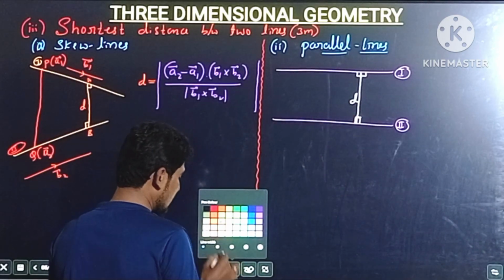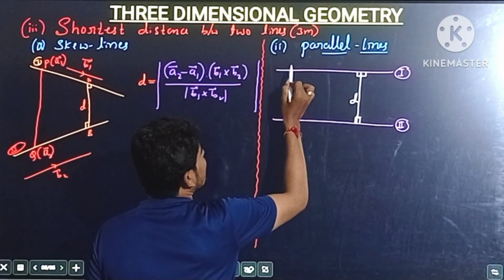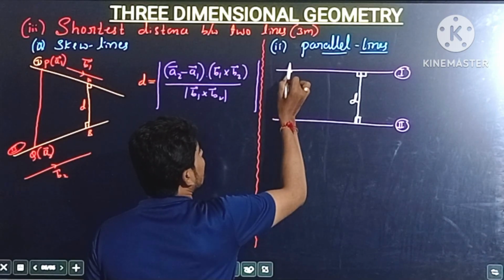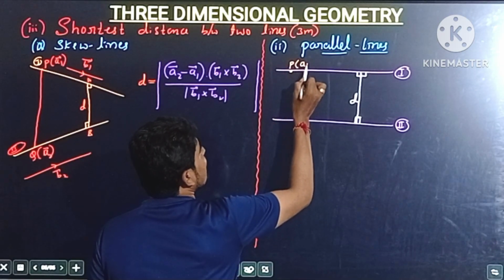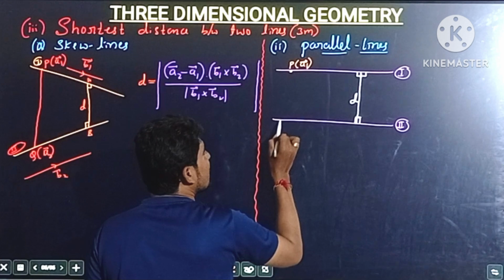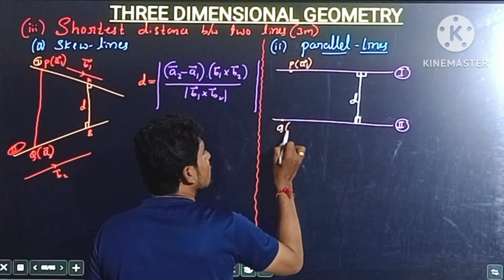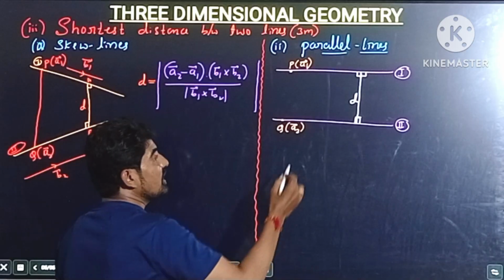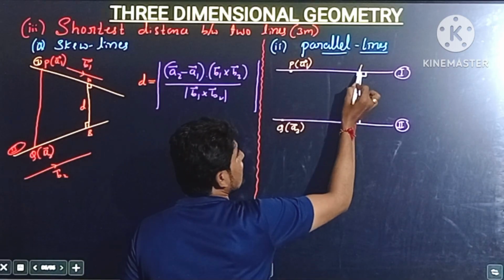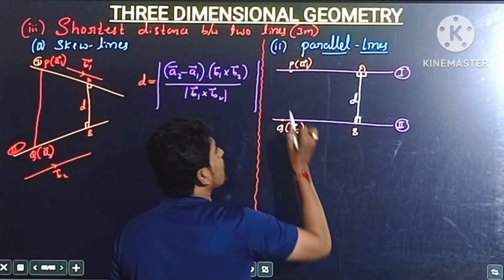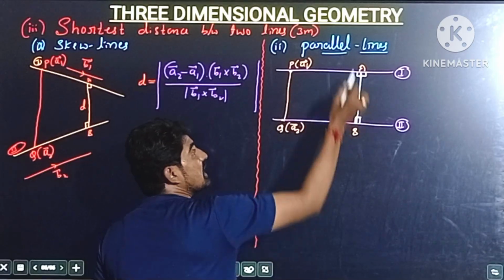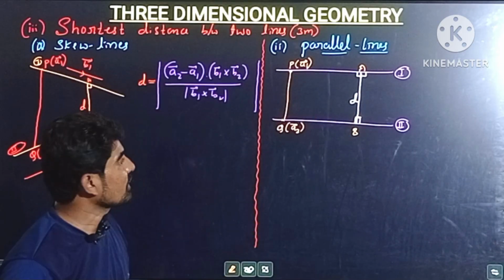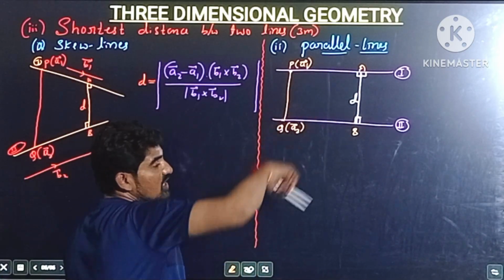And one more thing, let the first line pass through the point P, whose position vector is A1 vector, and the second line passes through the point Q, whose position vector is A2 vector. And we need to identify the D. D is nothing but AB. So we need to identify the perpendicular distance AB or D. So see here, these two lines are parallel.